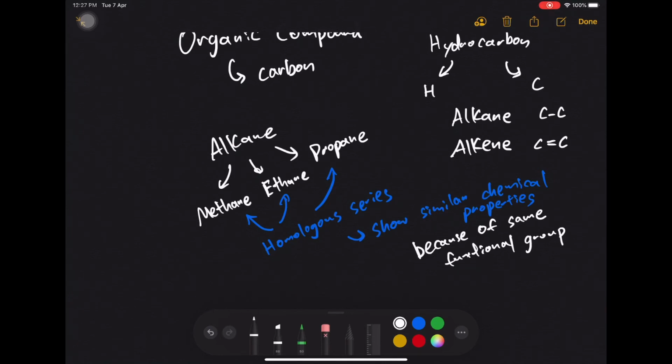The alkane general formula, you need to take note, is CnH2n+2. For example, if we put n equal to 1, we have CH4. So you substitute inside. I'm going to show you how to name your alkane first. But take note that methane, ethane, propane, and so on are the homologous series of alkane.